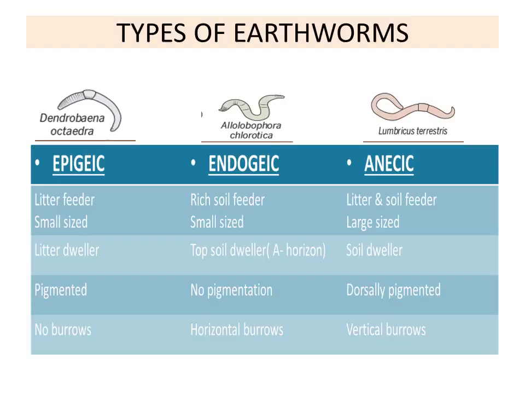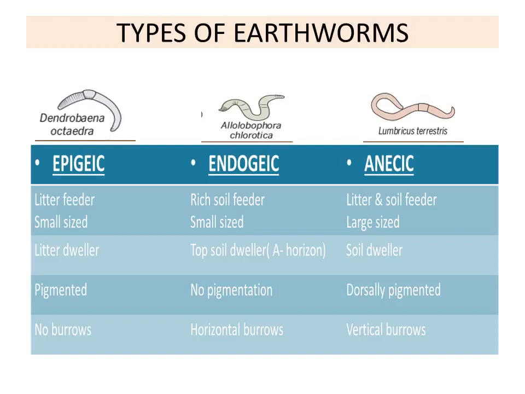So the earthworm is a very important example of fossorial adaptation. Basically, earthworms fall into three important types: epigeic, endogeic or anecic. Epigeic individuals prefer to live below the litter. They feed on litter, are small sized and don't have any burrows.